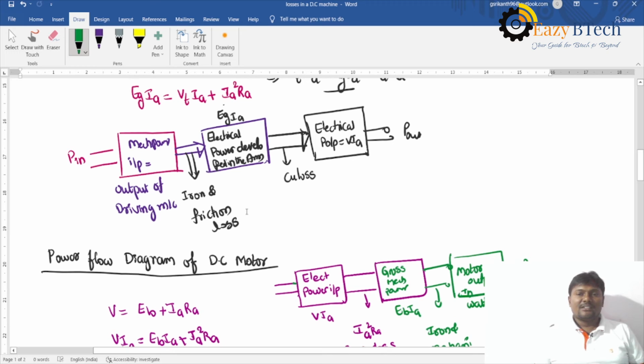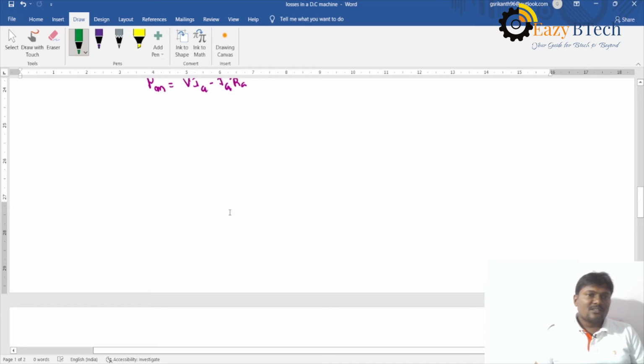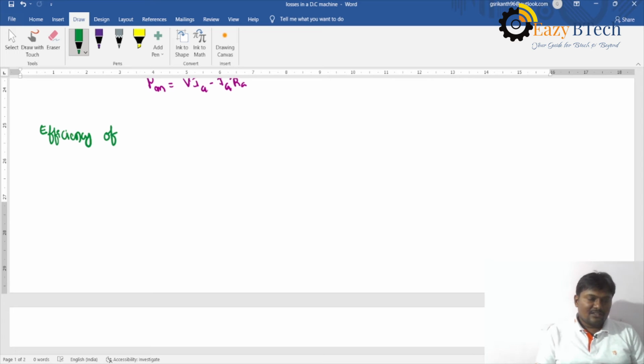If you follow the power flow diagram in a reverse manner for a generator, then I got the motor diagram. And the next one is efficiencies of DC machine.